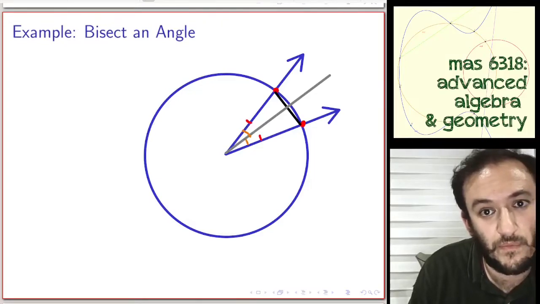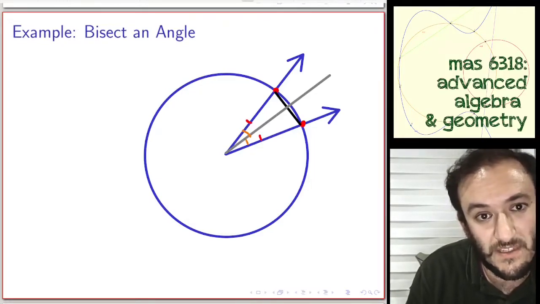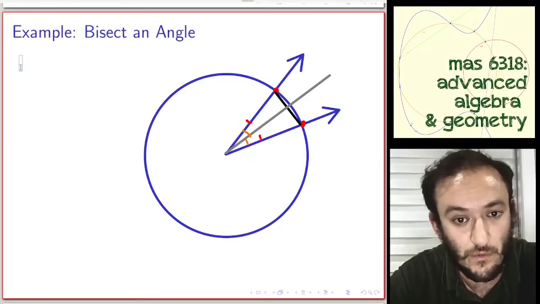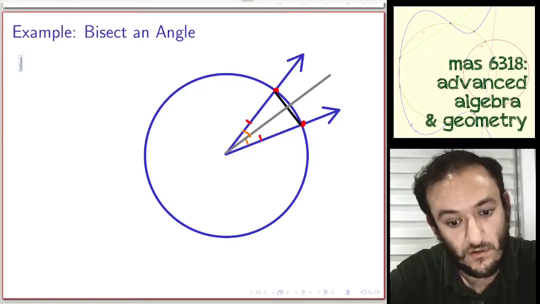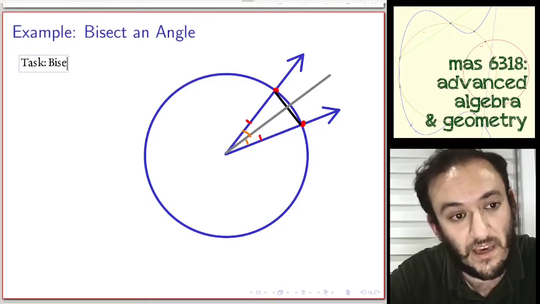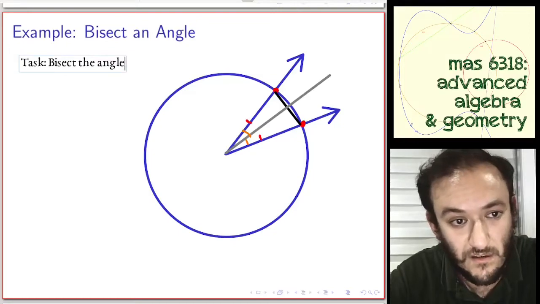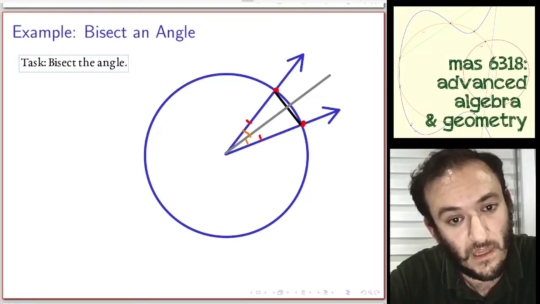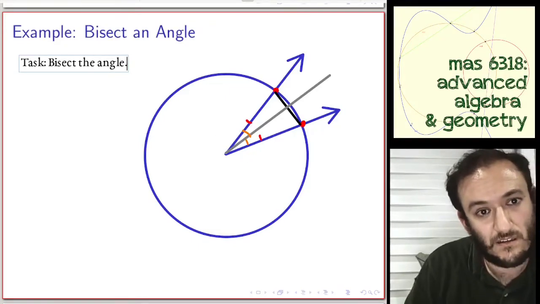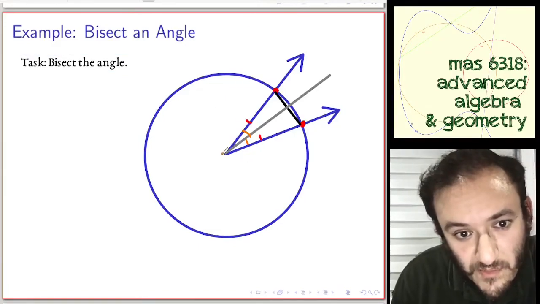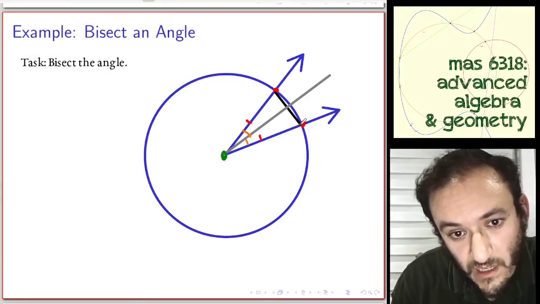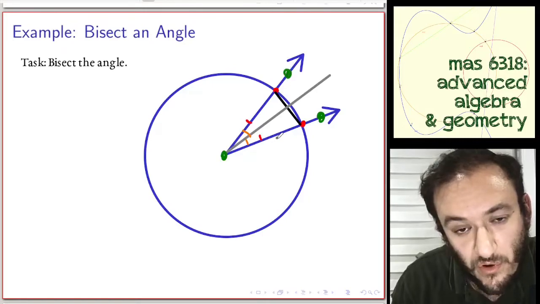Okay, so let's write down the steps that we did to accomplish the bisection of that angle. So the task is to bisect the angle. Let's be explicit about this. We'll have a point here, a point here and a point here.